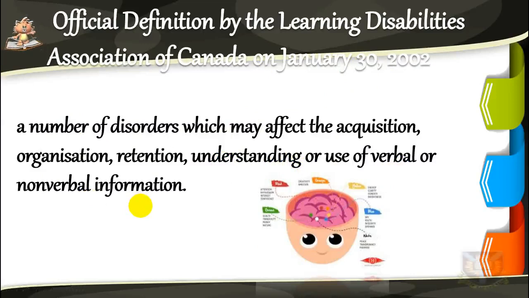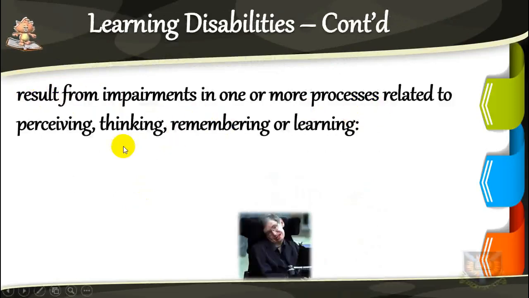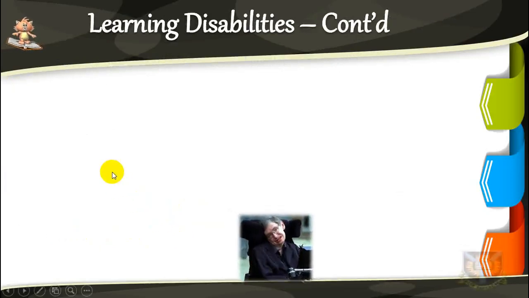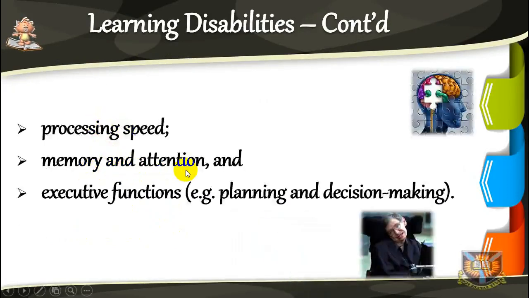As such, learning disabilities are distinct from global intellectual deficiency. Learning disabilities result from impairments in one or more processes related to perceiving, thinking, remembering, or learning. These include, but are not limited to, language processing, phonological processing, visual spatial processing, processing speed, memory, attention, and executive functions, e.g. planning and decision making.